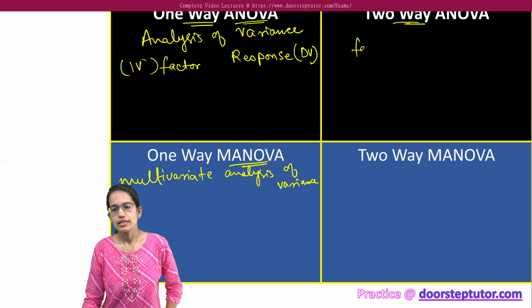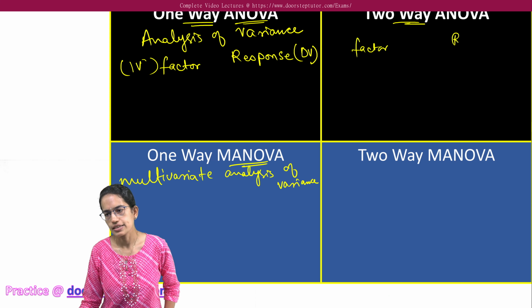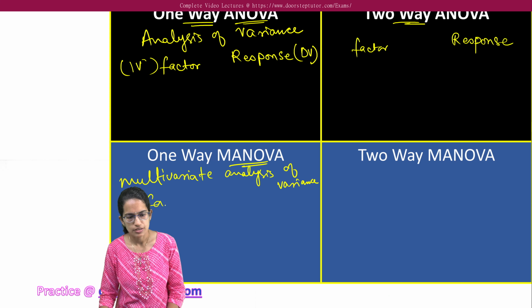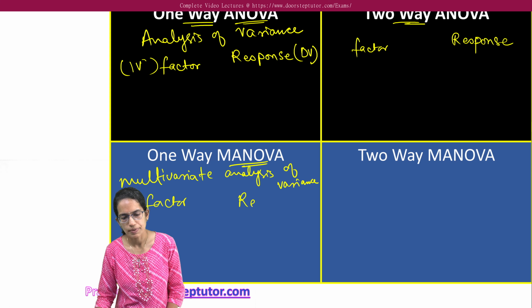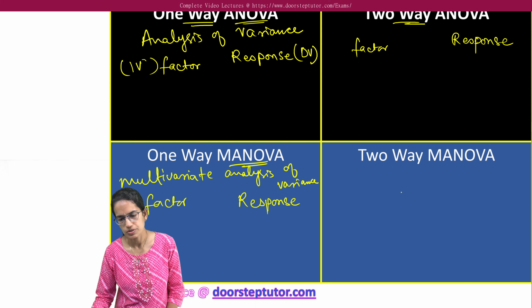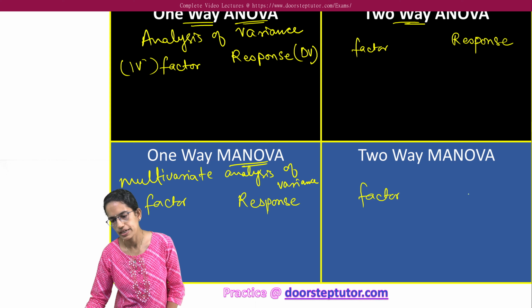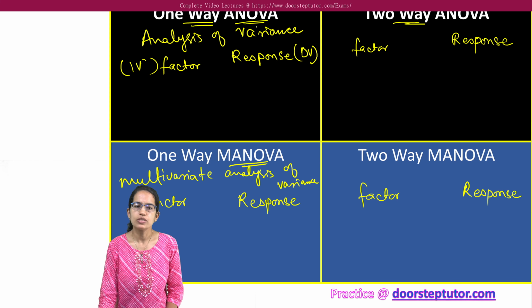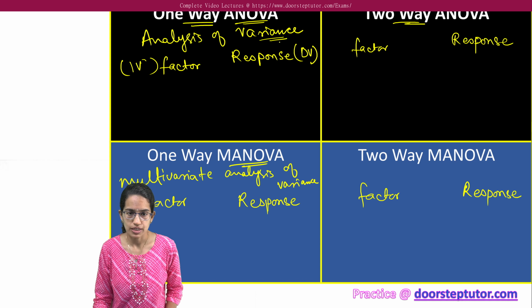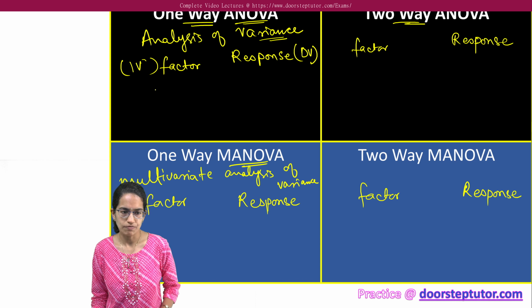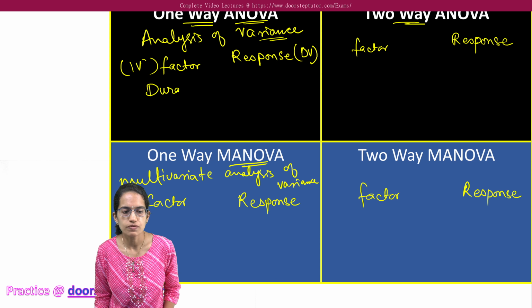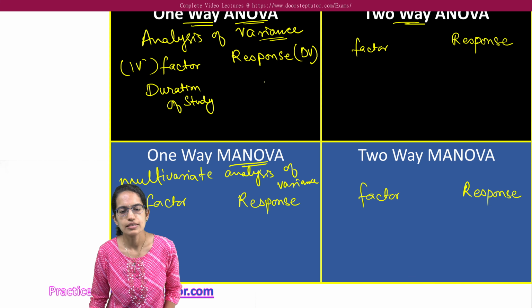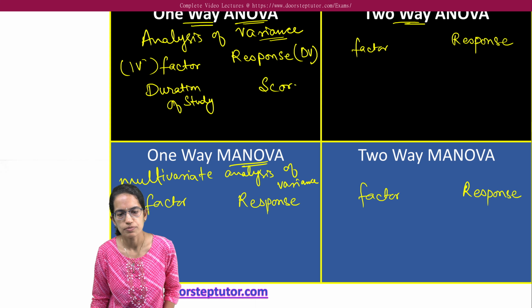Now again there would be a factor and a response variable here, the dependent and the independent variables. I could write those as dependent or independent factors as well. Since it's analysis of variance, I am just considering one factor, that is the duration of study and its impact on the score.